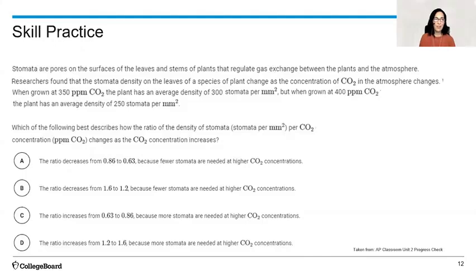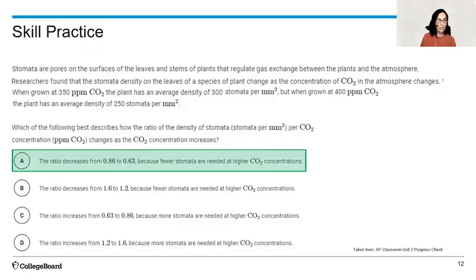Okay, so the question asks, which of the following best describes how the ratio of the density of stomata per CO2 concentration changes as the CO2 concentration increased? The answer is A. The ratio decreases from 0.86 to 0.63. So we're setting up that ratio of density of stomata, which would be in your numerator, per CO2 concentration, which would be in your denominator.